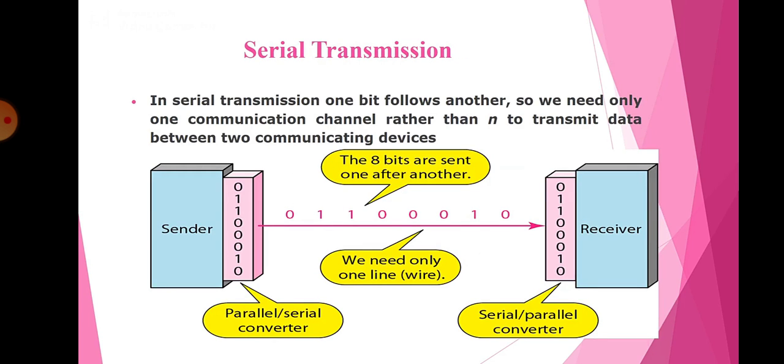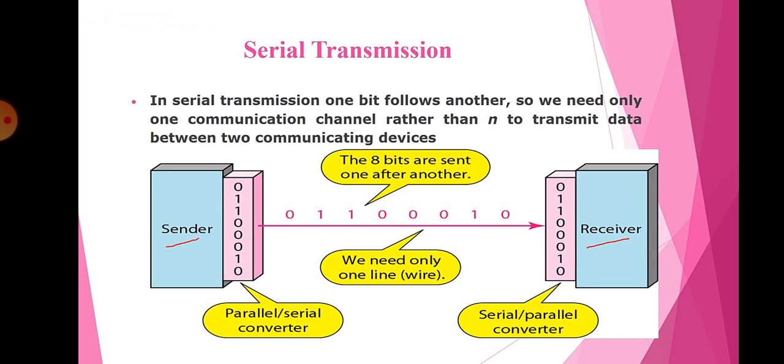Now next we'll take serial transmission. In the case of serial transmission, one bit follows another bit. We need only one communication channel rather than n channels or n links to transmit the data between two communicating devices. Here we have the sender node and the receiver node.